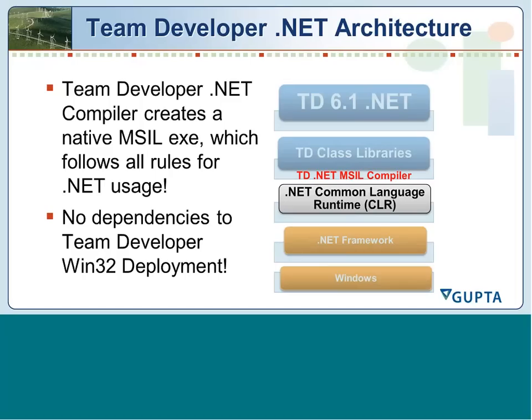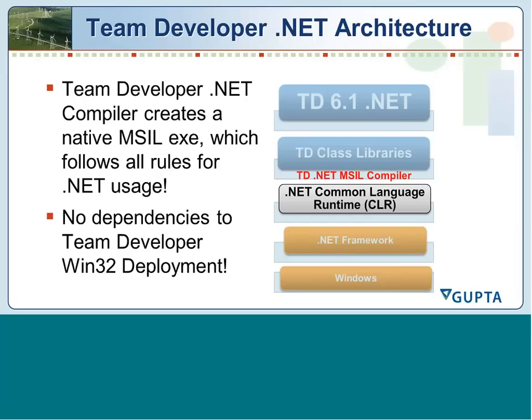There are no dependencies to the Team Developer Win32 deployment. Last time I told you that if something changed inside the operating system, or you get new features, then we are responsible for creating a new deployment, and this deployment holds the features of Team Developer. In .NET it's a little bit different.